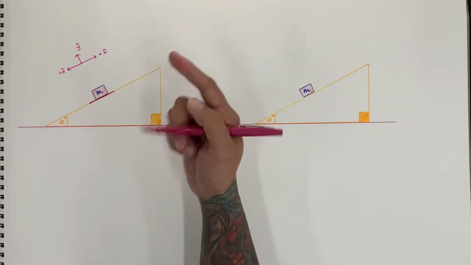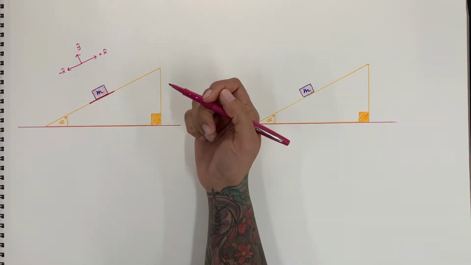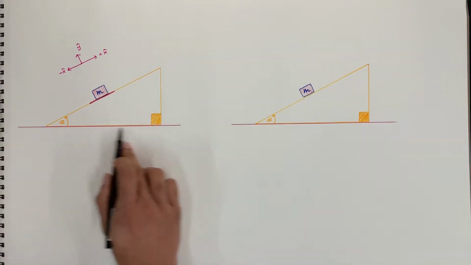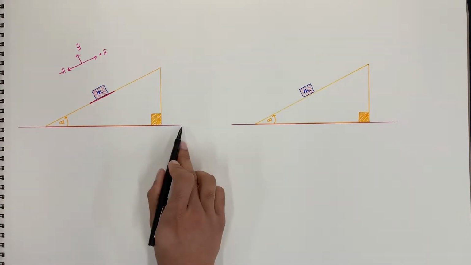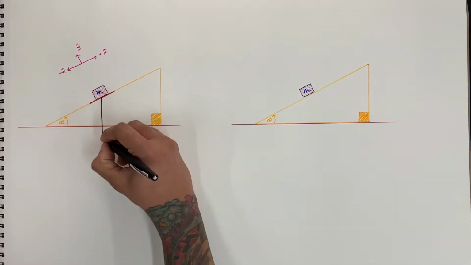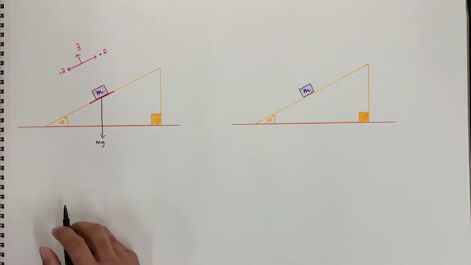So the second thing we want to do is now draw our gravity vector and break it up into components. And so for any object, this line represents the ground. And so gravity always points downward towards the ground. And that vector is mg, the mass of the object times gravity.